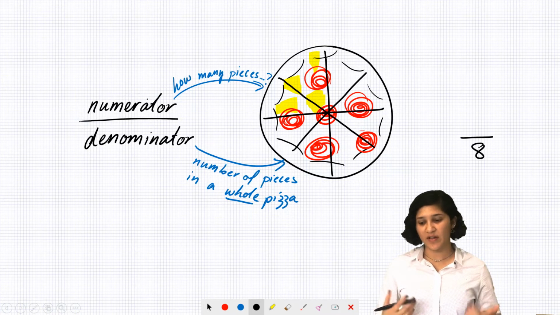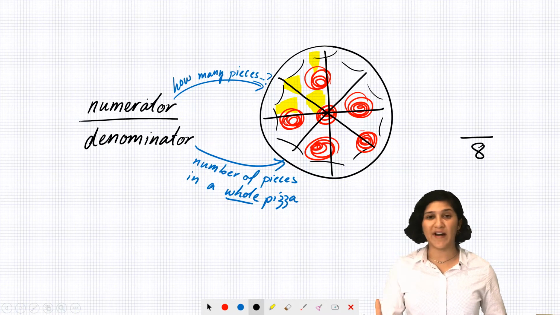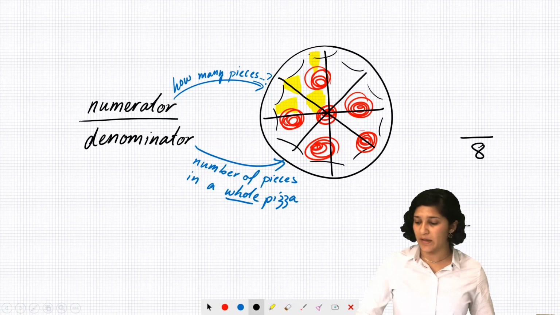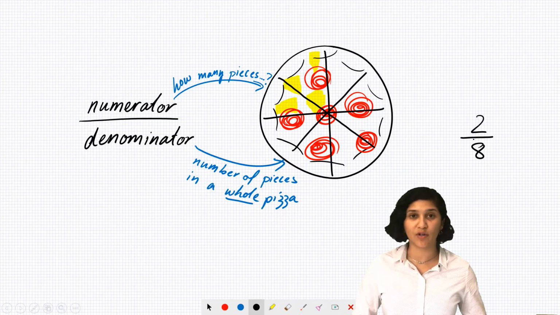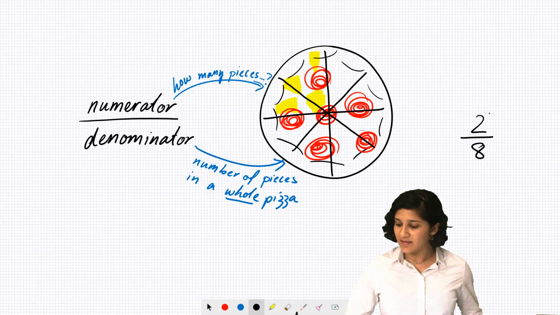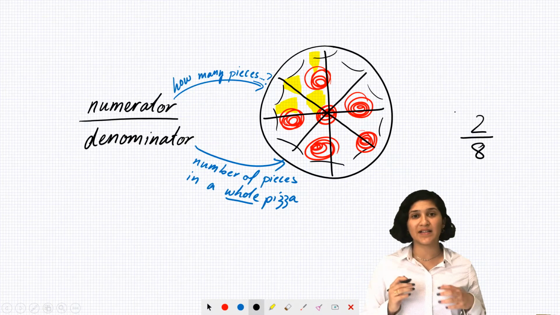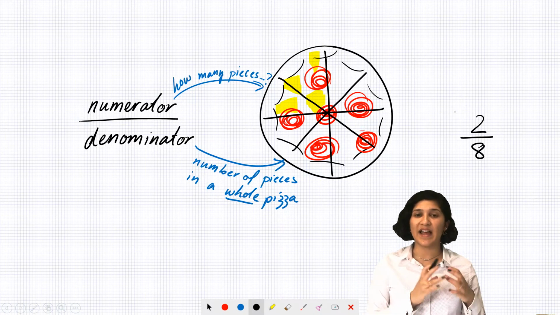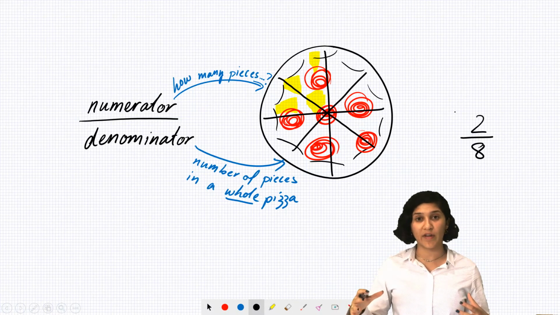So if I'm asked what fraction of the pizza has pineapple on it, my answer would be 2 pieces out of 8 in total. The top number, the numerator, is how many pieces we're talking about, and the denominator is how many pieces in the whole thing.